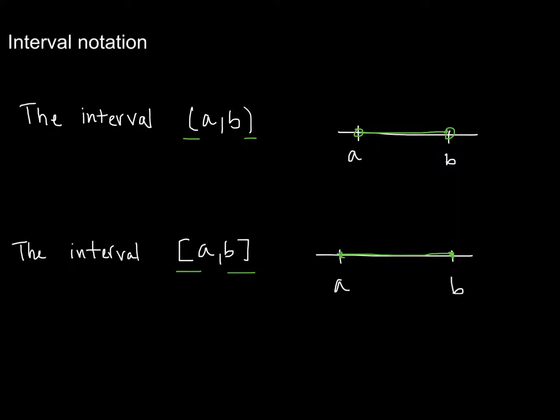For example, it's easier to say that the domain is this than to write out that the domain is all real numbers between x equals 1 and x equals 10, including x equals 1 and x equals 10. That's just too wordy and ridiculous, so I can use interval notation to make my life a lot easier.